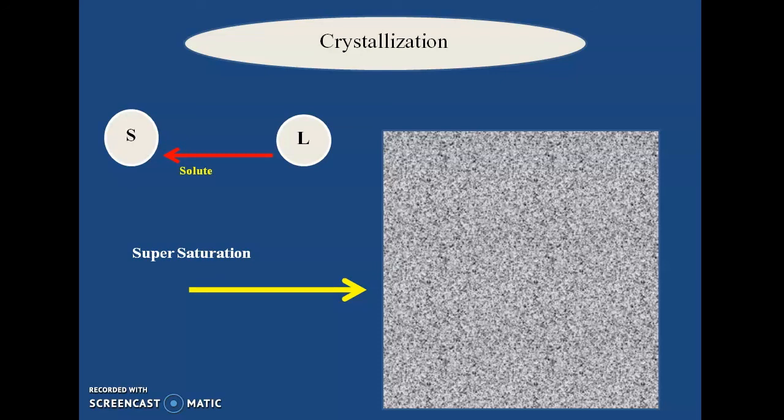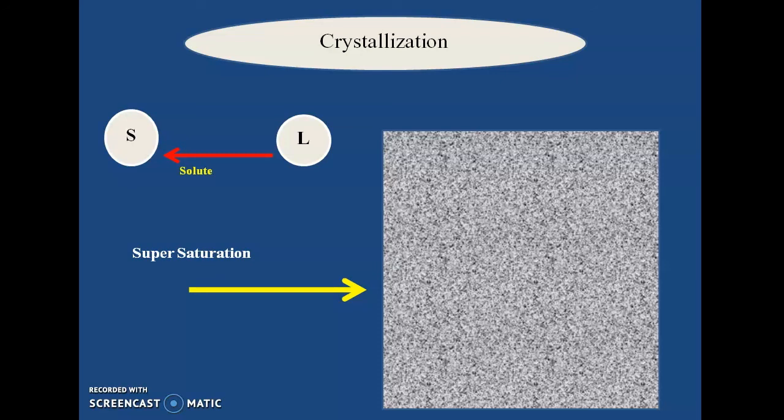By any means you can cause supersaturation. Supersaturation is nothing but the solution having more of a component than its saturation limit. Okay, so when you cause supersaturation in this liquid, what happens?